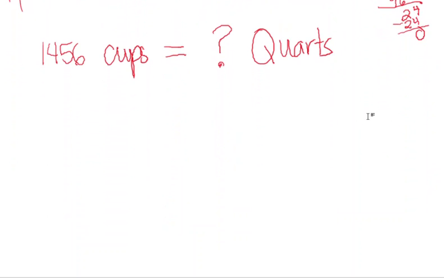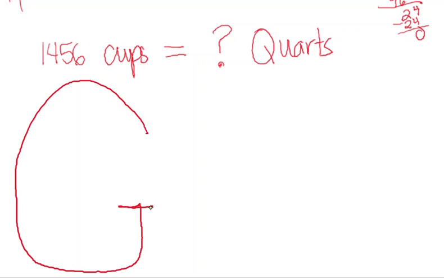I'm going to show you how I use a diagram to help me figure out the relationship between cups, quarts, pints, gallons, and I call it Gallon Man. I start by drawing a really big G, and the G represents the gallon because the gallon is the largest unit when we talk about the volume.